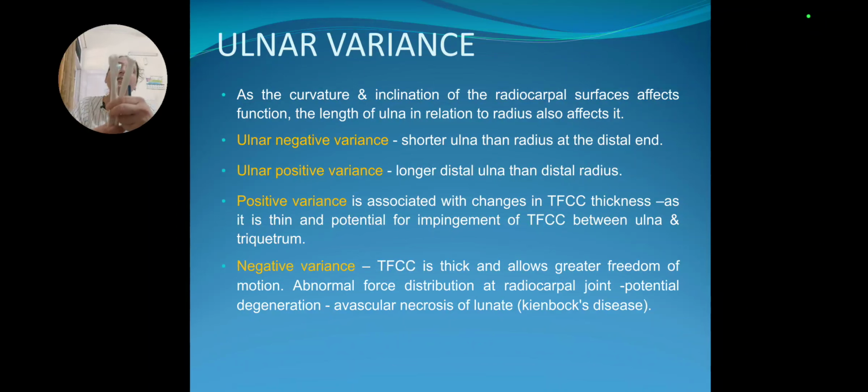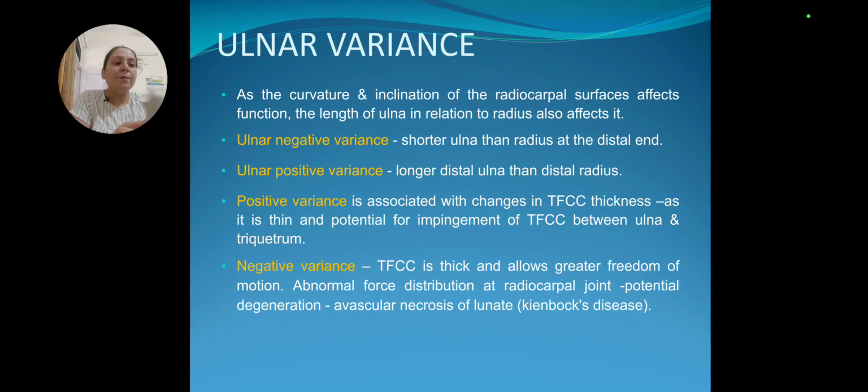Now positive variance, what does this mean? It means that the triangular fibrocartilaginous complex thickness depends upon it, that is, whether positive variance is there or negative variance is there. If positive variance is there, that means the ulna is long enough, so it doesn't require that TFCC thickness. The thickness should be very thin, because it doesn't require it.